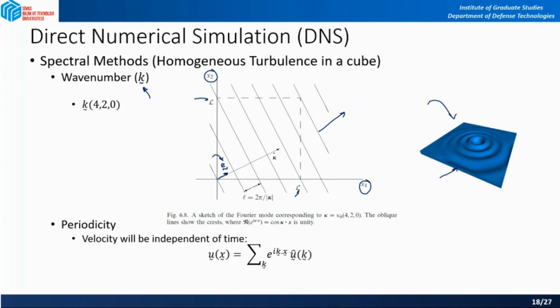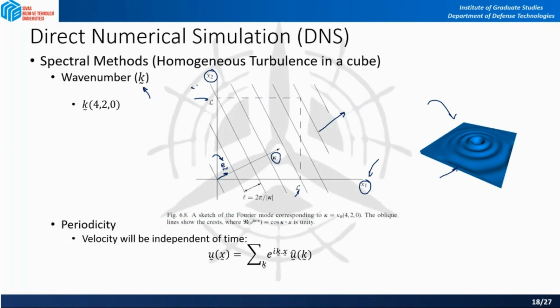And this is the wave number, k. This is just one example of only one Fourier mode, meaning that if I write k vector for this simple sketch, what are its components? So I have to write components. Let's consider this is x1 direction, and then this is x2 direction. In x1 direction, what is its component?